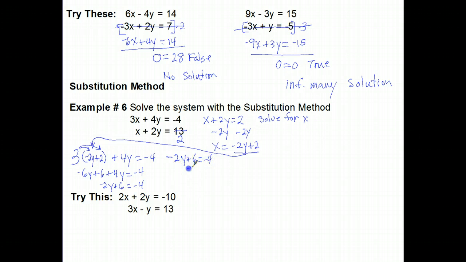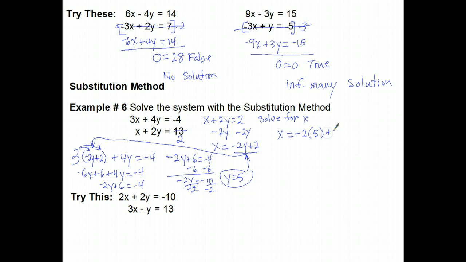Next step would be to subtract 6 from both sides. We'd get negative 2y equals negative 10. Solve for y, divide by negative 2. And y is equal to 5. All right, now you know one coordinate. Take this back up to what you did in the first step, where you solved that equation for x, and plug 5 in to that equation for y.